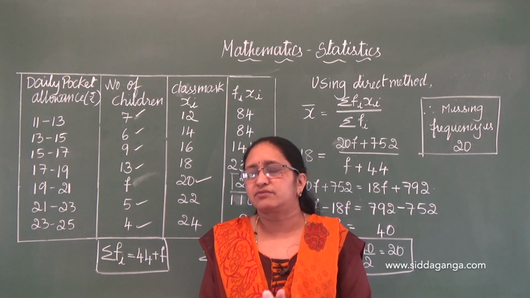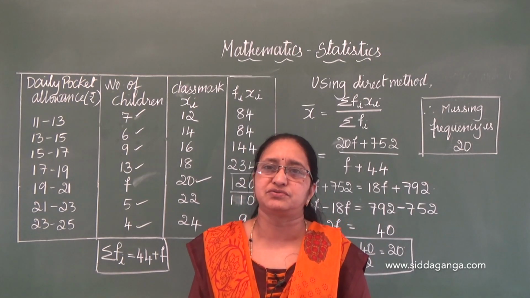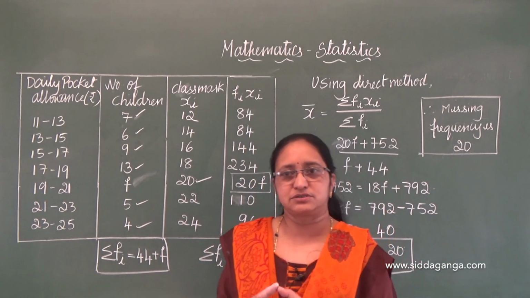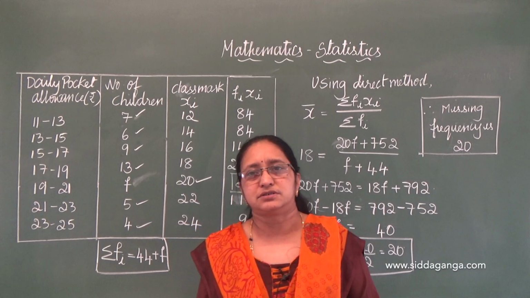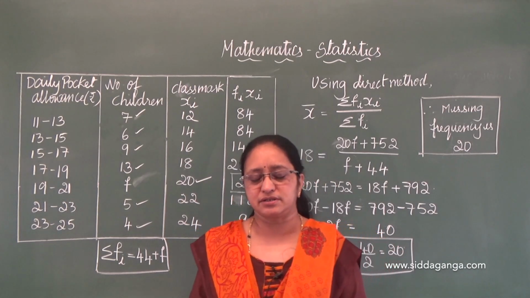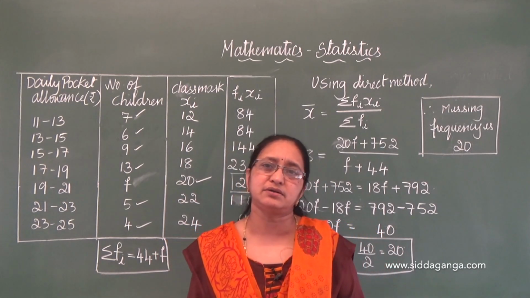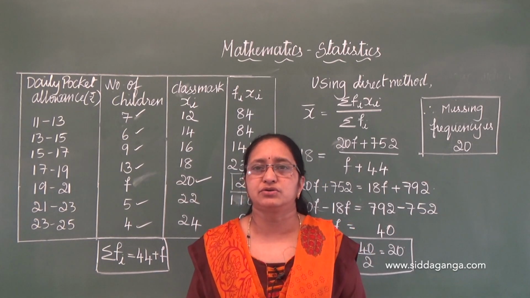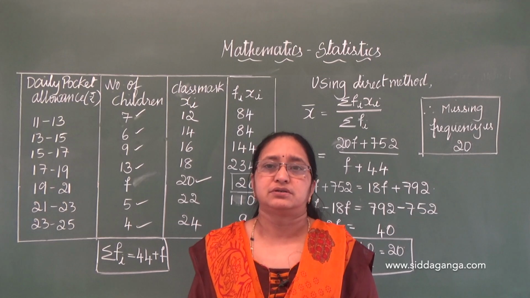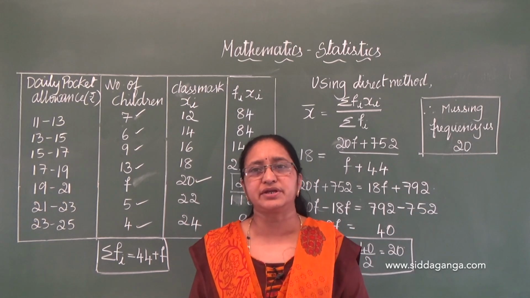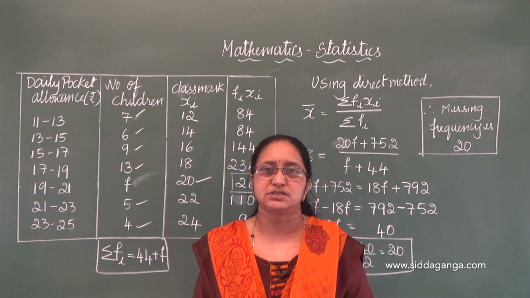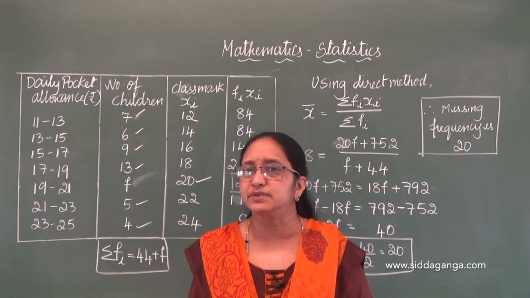So I have completed the mean. Out of 3 central tendencies, I hope you can try to recall them. See, the 3 central tendencies are mean, mode and median. Out of these 3, I have taught you how to find the mean by using 3 methods: direct method, step deviation method, assumed mean method.